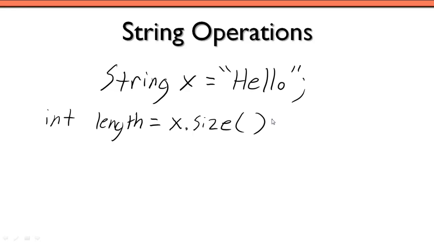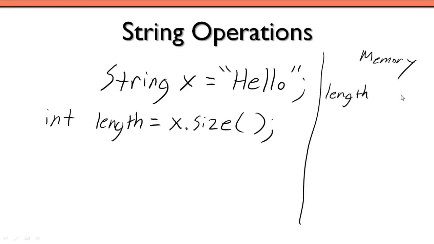Let me make sure this is a statement by putting a semicolon here. So out in memory somewhere, over here in memory, we have length. This is just labeling some particular location in memory, and we would have the value of 5 stored at that memory location, since hello does in fact have 5 characters.